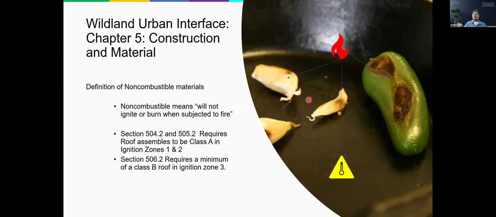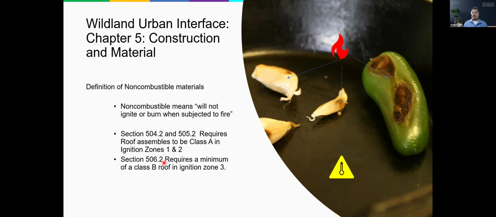And so one of the things that comes up oftentimes is description of non-combustible in a lot of these. One of the things that I wanted to identify for you, and this is right out of the Wildland Urban Interface Code, is these sections for 504.2, 505.2, and 506.2. Now, if you haven't read that code, I will give you the quick and dirty of it. In 504, you're talking about the most ignition prone.